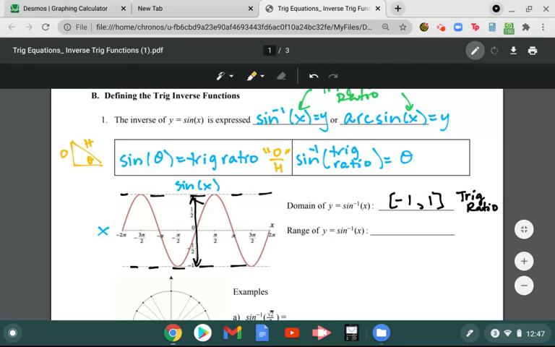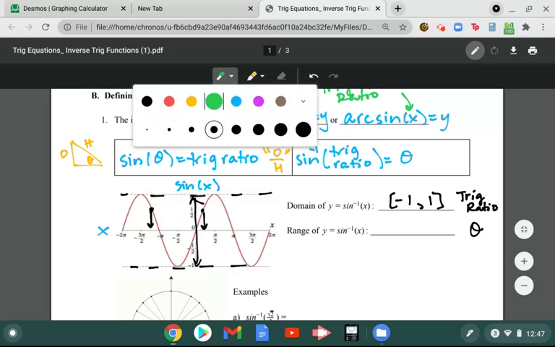Next is the range. The problem with the range, these are my angle measures, is that we have these repeating values. And so whenever we come up with some kind of a trig ratio, and we line it up with an angle, that shows up multiple times. So we're going to go ahead and limit this.